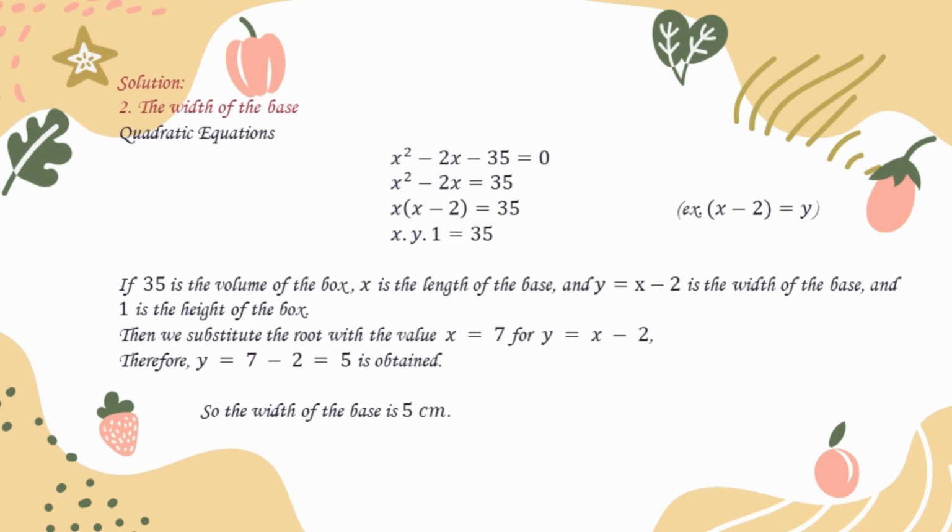Why do we take the root with the value x equals 7? Because the length of the base cannot be negative. So we take the root with the value x equals 7 instead of x equals -5. Therefore, y equals 7 minus 2 equals 5 is obtained. So the width of the base is 5 cm.